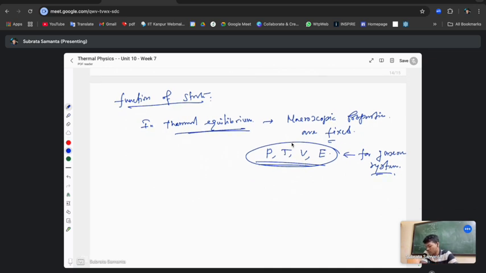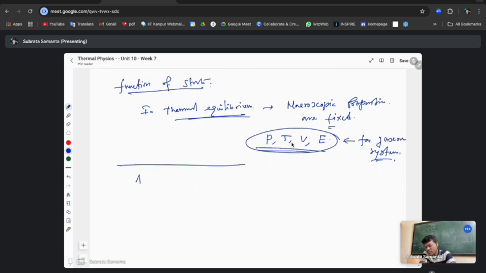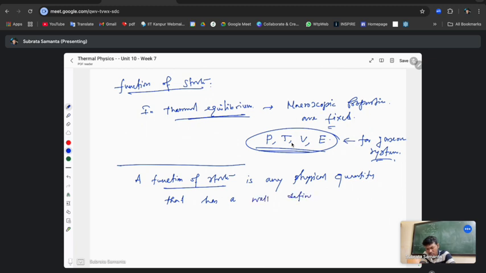And a function of state is any physical quantity that has a well defined value for each equilibrium state of the system.